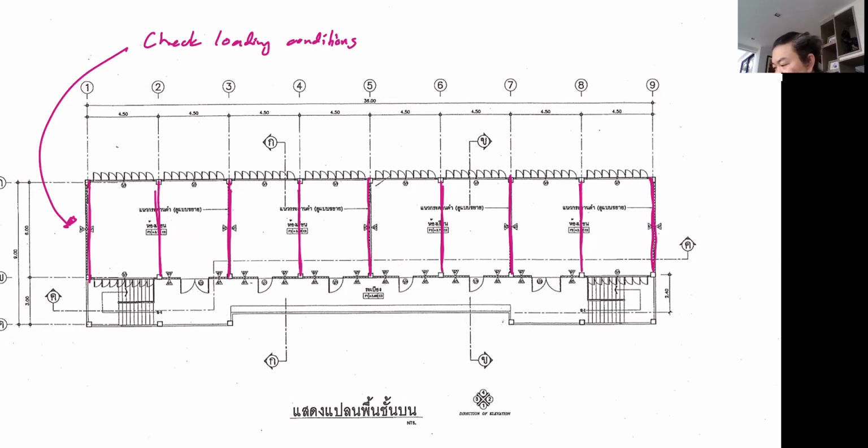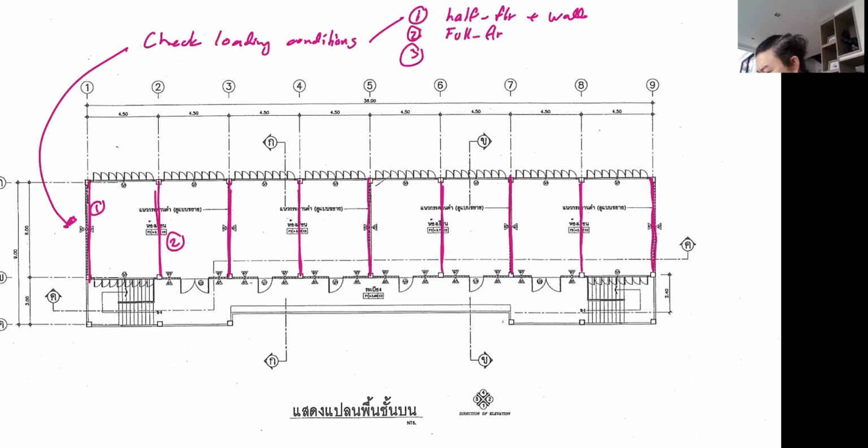So the difference in moment will be caused by the difference in loading. So you probably have 3 loading conditions that as far as I can see, okay, in grid 1, where you have half the floor plus the wall. Okay, that's probably number one. And then number two here, just full floor.